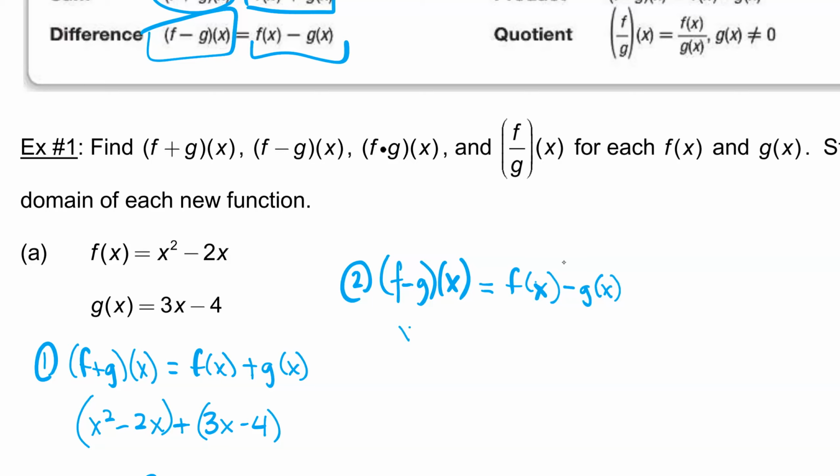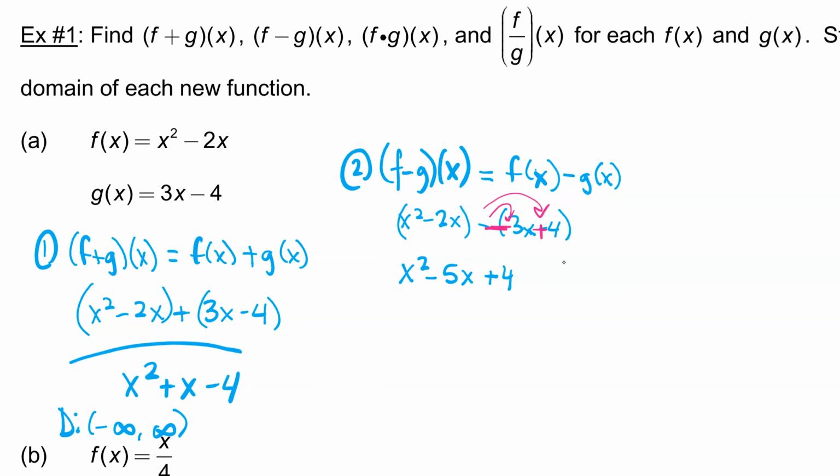So I have x squared minus 2x, and I'm subtracting 3x minus 4. If I am subtracting, I have to make sure to distribute the negative. So this turns into x squared minus 5x plus 4. What will the domain of this be? All real numbers, from negative infinity to infinity.